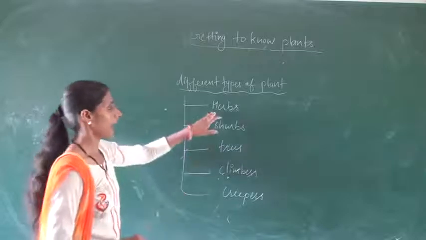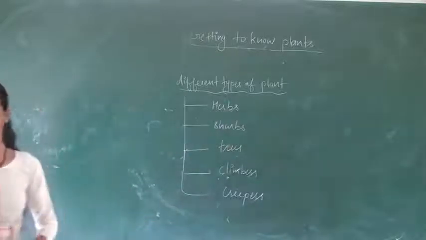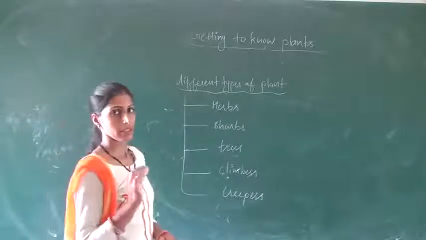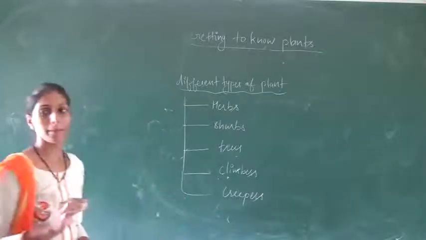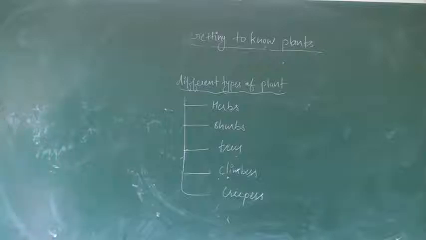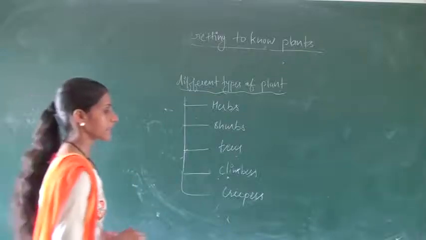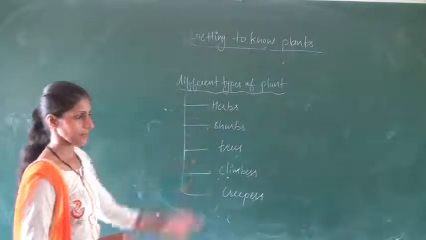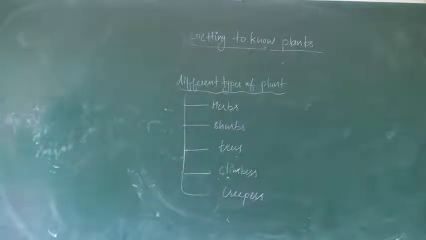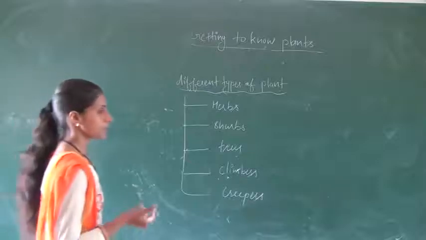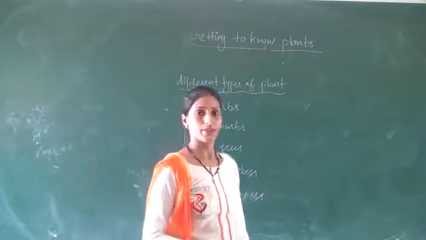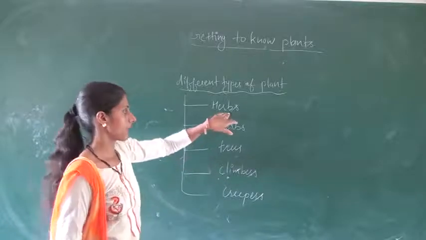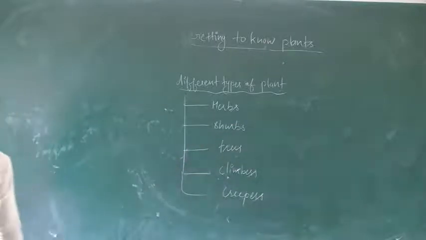First one is herbs. Herbs are plants which have a soft, green, short stem. They are generally small in size.